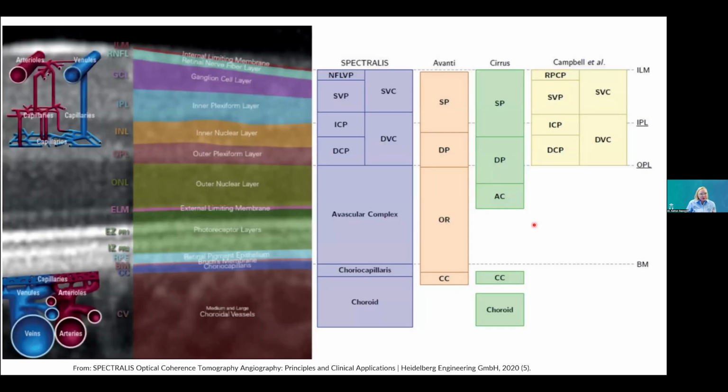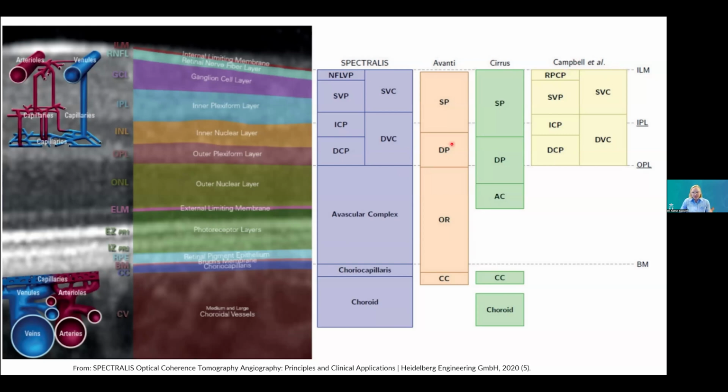And this is from Heidelberg, but it shows you how the Spectralis is going to segment their different vascular complexes versus the Avanti, versus the Cirrus, and then versus that publication that I just showed you that's very well known.